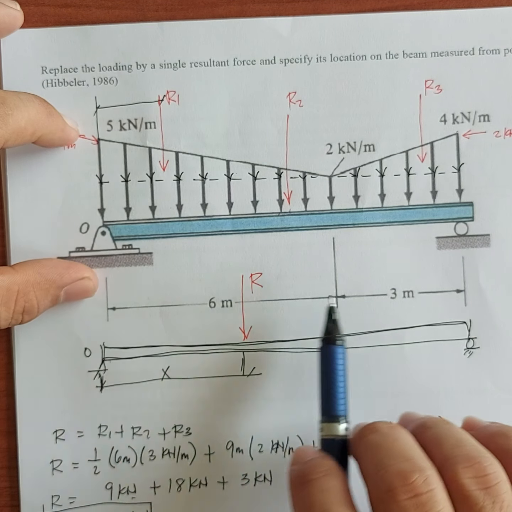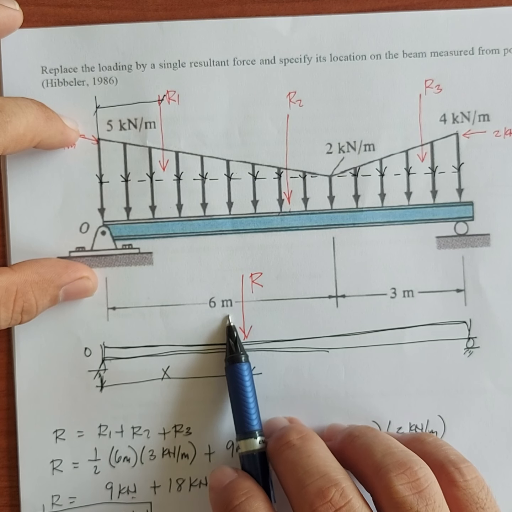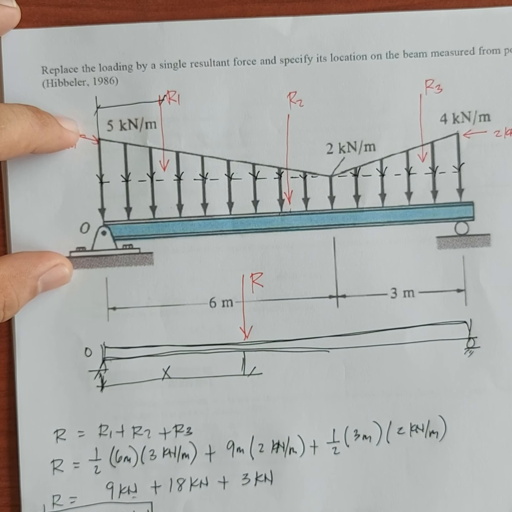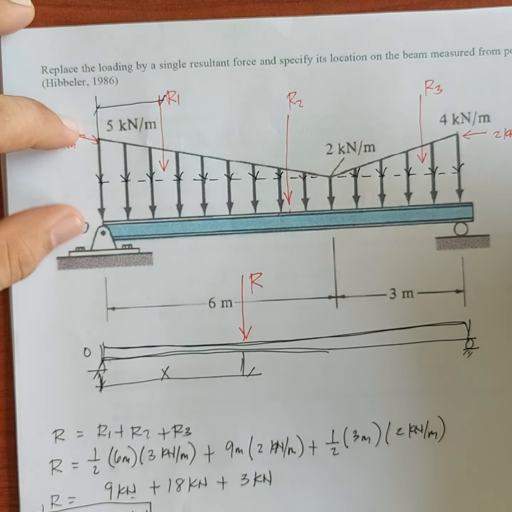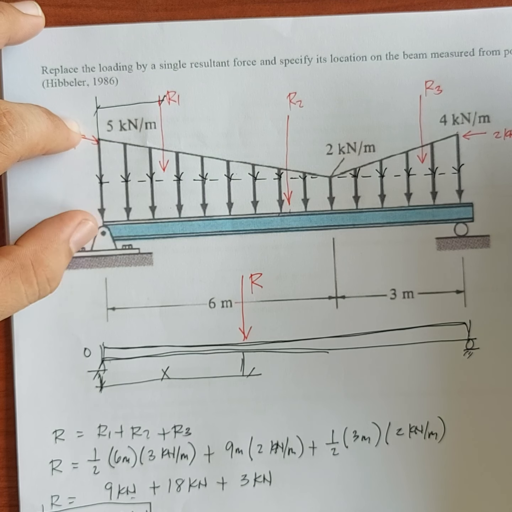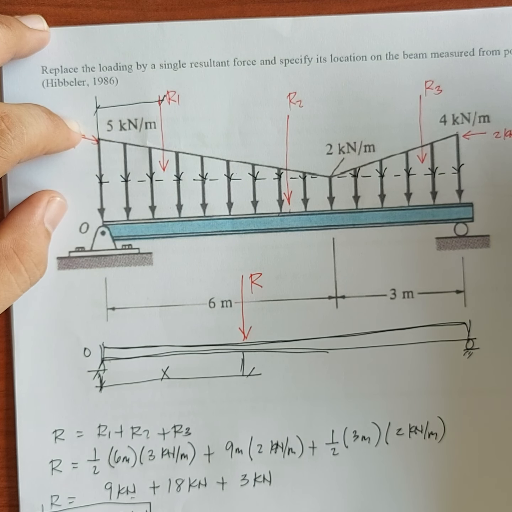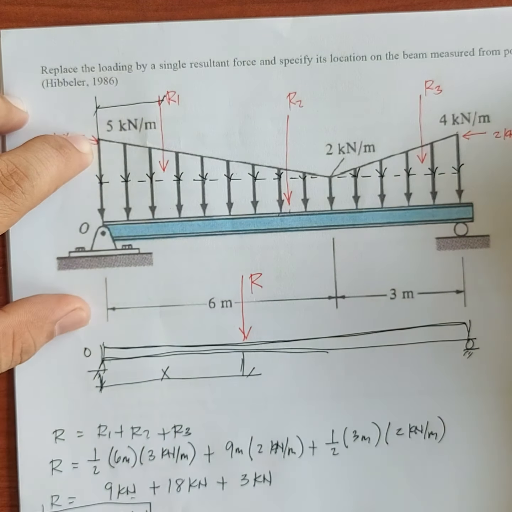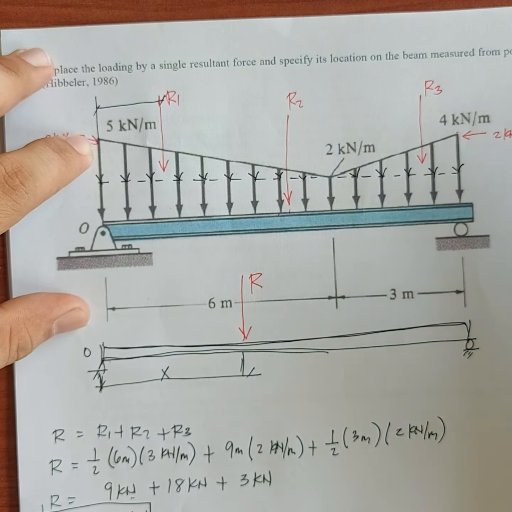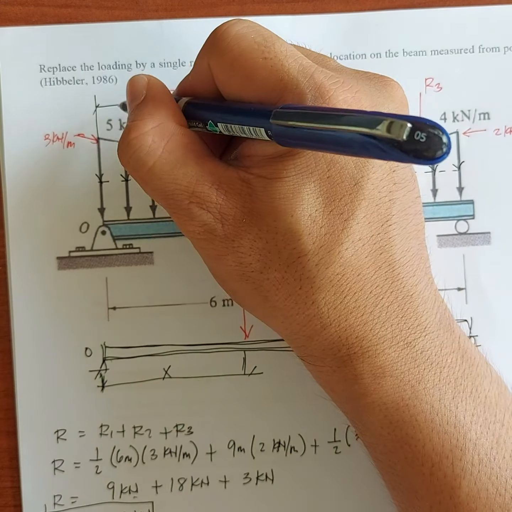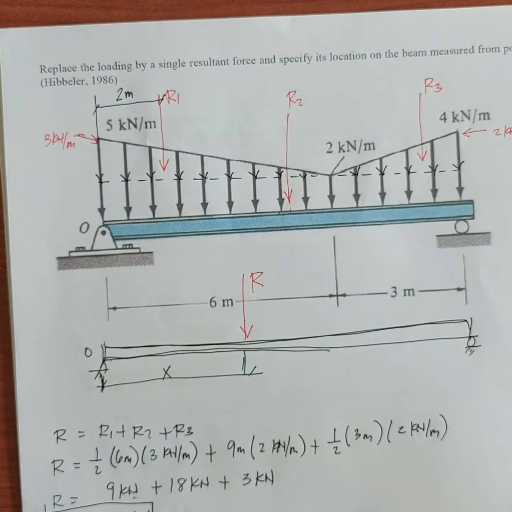So this is the location of R1 about point O. That is 1/3 of 6, so 1/3 of 6 is 2 meters.